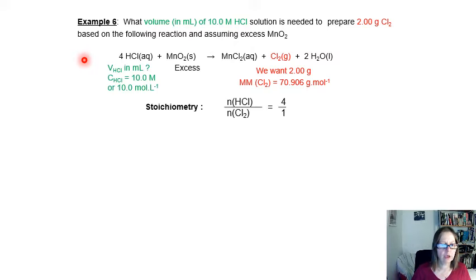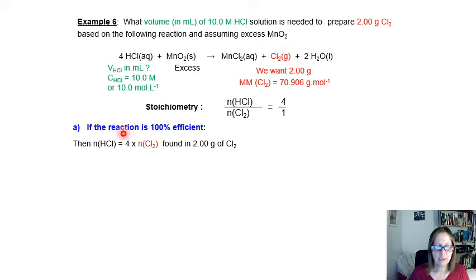So the first question is, what is the stoichiometry between HCl and chlorine? This is what we know. This is what we need to find out. So the number of moles of HCl over chlorine is 4 over 1. So that is the stoichiometry for this reaction.